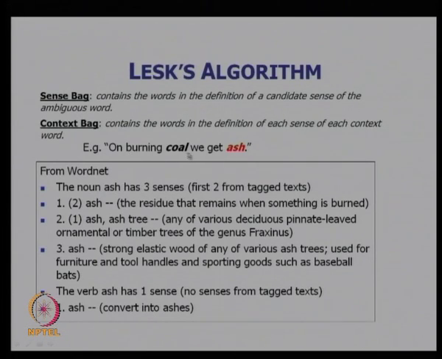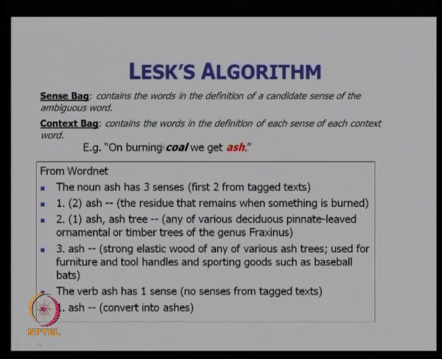Now, from the context we find that burn, coal and get are the content words in the environment, and in the sense bag for each sense we take the gloss, which is the definition of the sense, and the example sentence, and find out if the context bag has overlap with any of them and which one has the highest overlap. If you look at the first sense of ash, the gloss is written as the residue that remains when something is burnt.